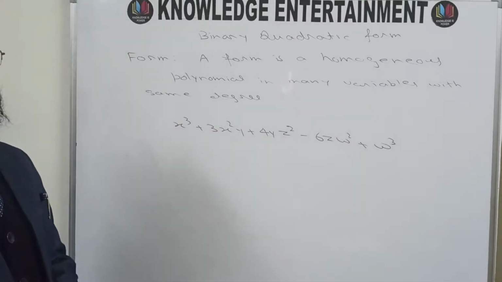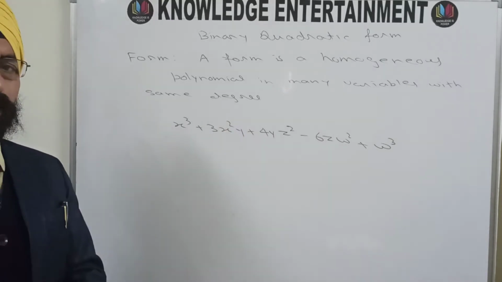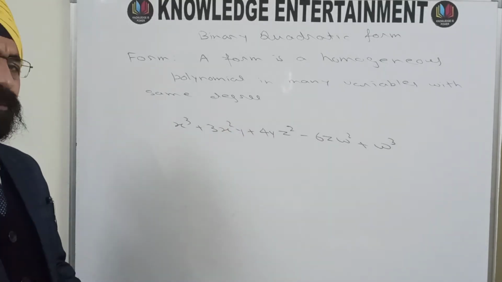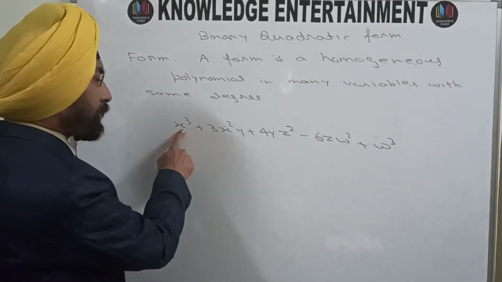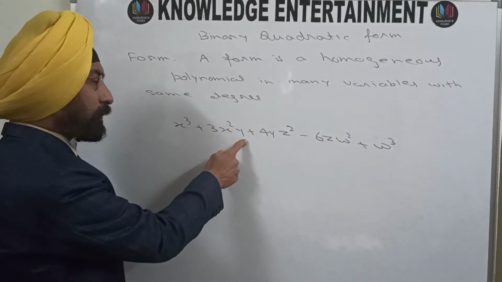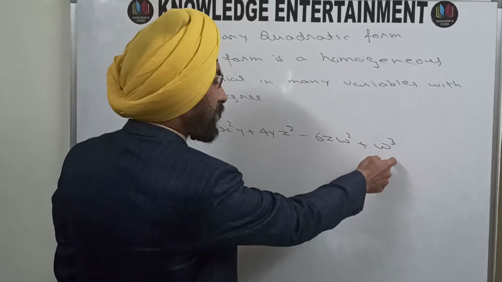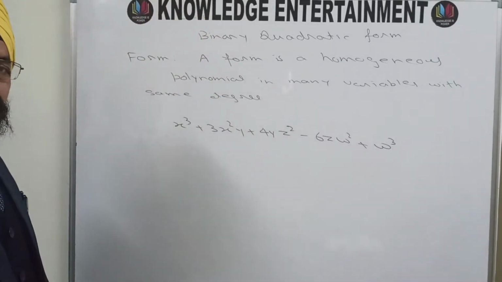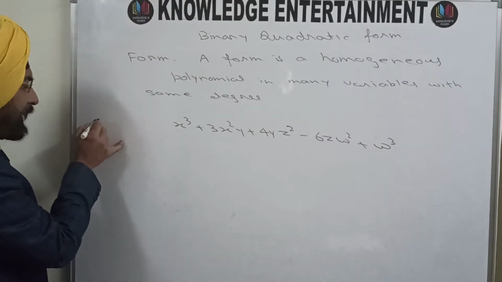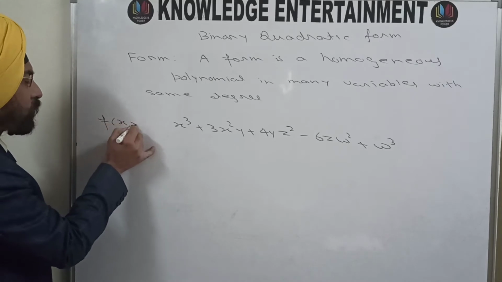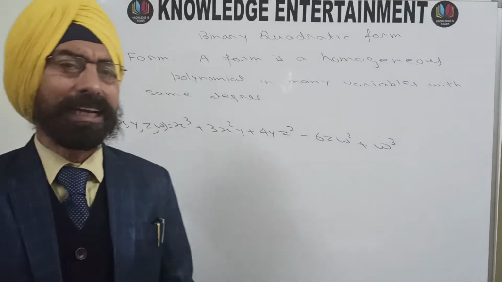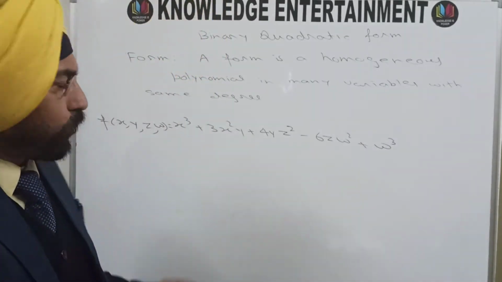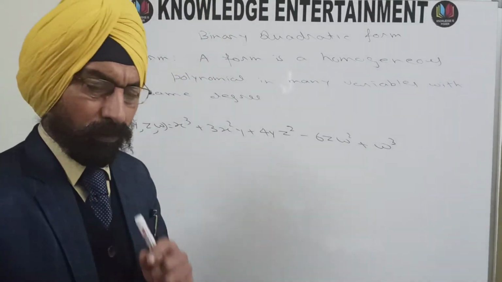It has 4 variables, obviously x, y, z and w, and each term is of equal degree 3. Degree of this term is 3, degree of the second term is 3, the third one is also 3, this is 3 and this is 3. So this form we can write as f(x, y, z, w) because it is in the variables x, y, z and w. So this is a form.